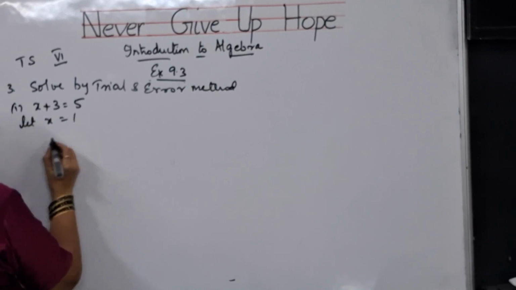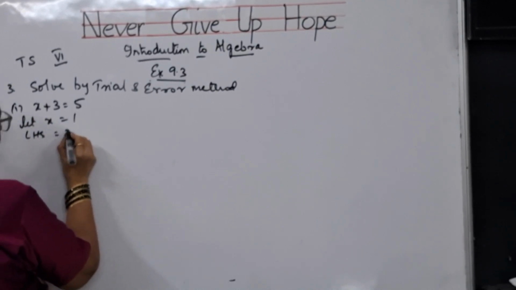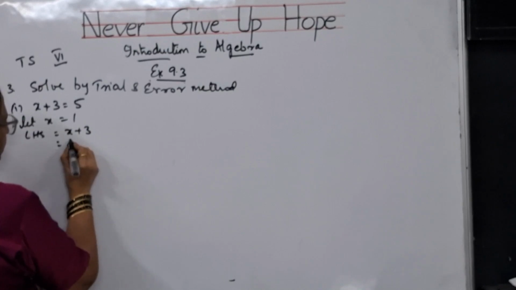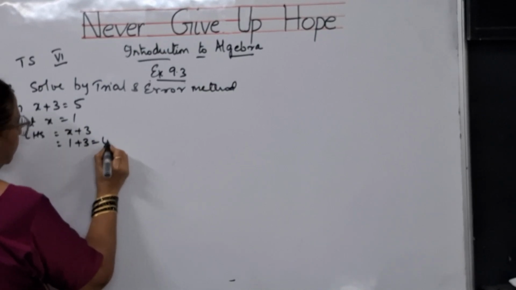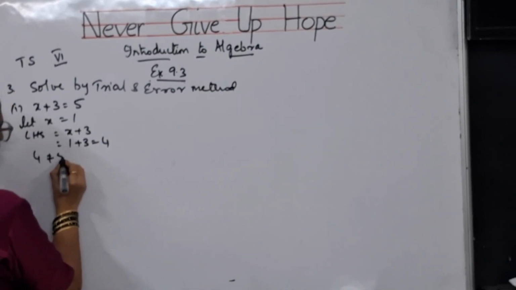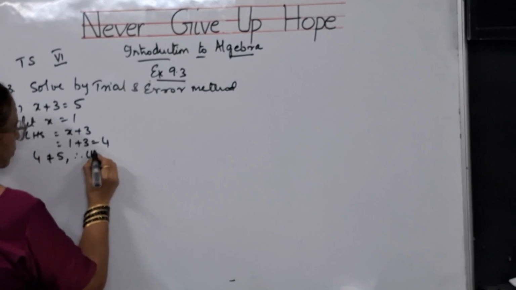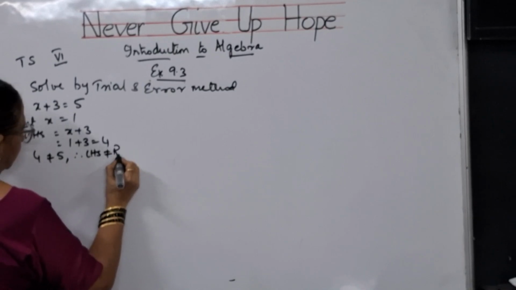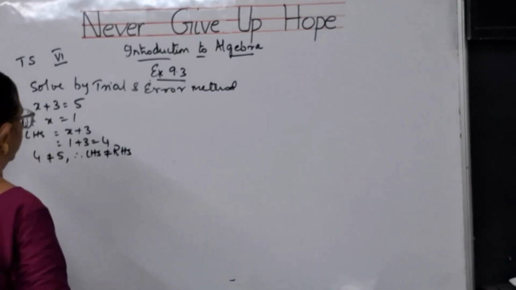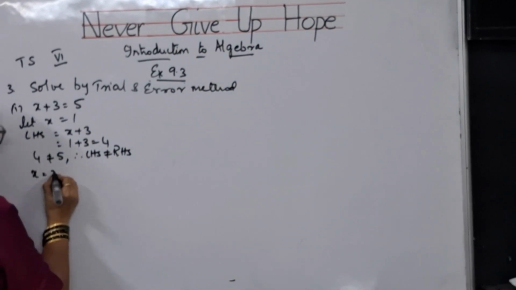Let x is equal to 1. LHS is x plus 3. 1 plus 3 is equal to 4. 4 is not equal to 5. Therefore, LHS is not equal to RHS. Next, x is equal to 2.